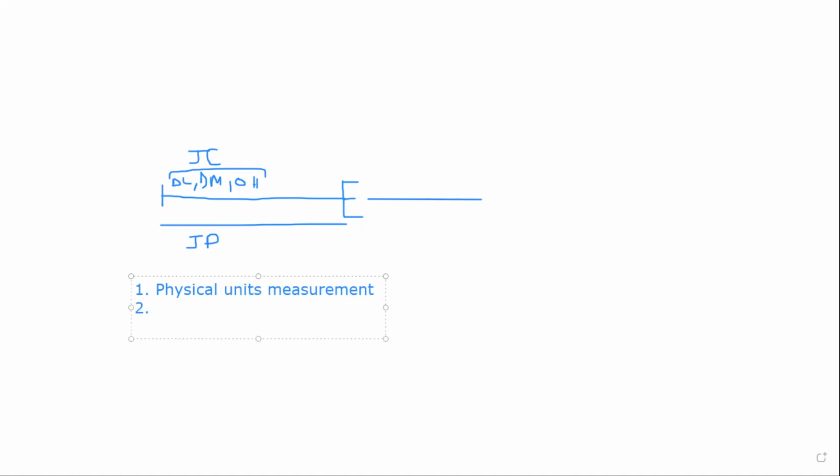Second one, we will call it market value at split off point. It is very important to know where the split off point is. Number 3 is the NAV, net asset value method. And then number 4 is constant GP. Those are the 4 methods available.